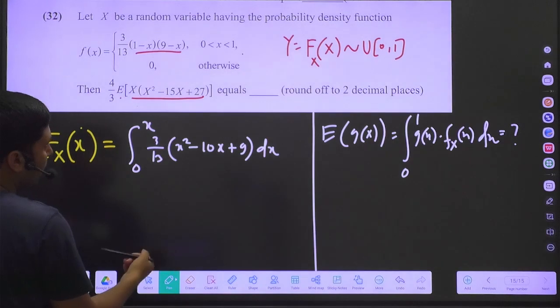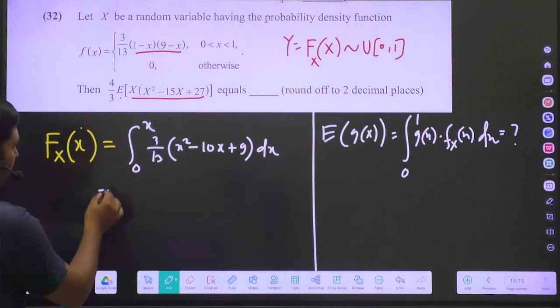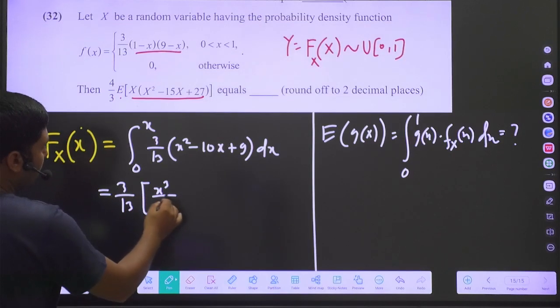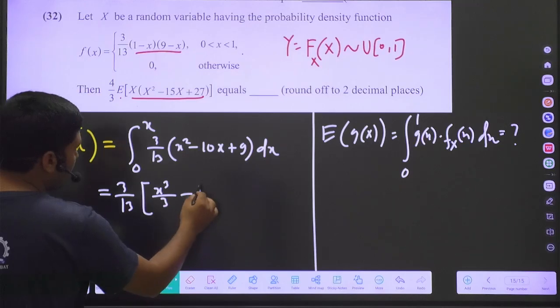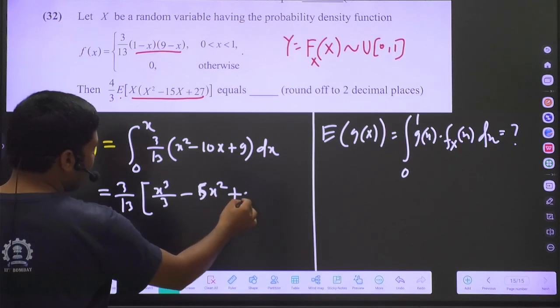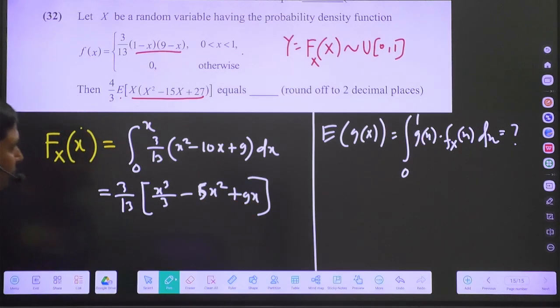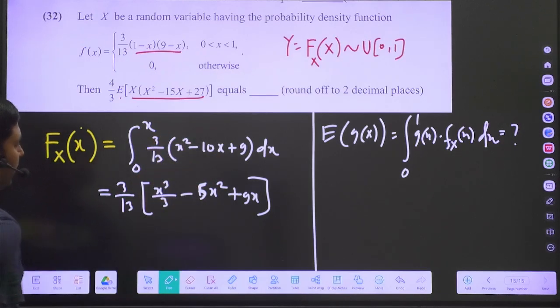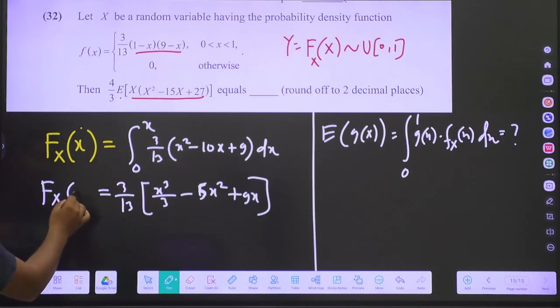Just simplify it. It will be x cube by 3, 5x square, and then 9x. If you put 0 to x, it will be this only. That's why we change variable here, so x and x are common. So you get the CDF of x like this.